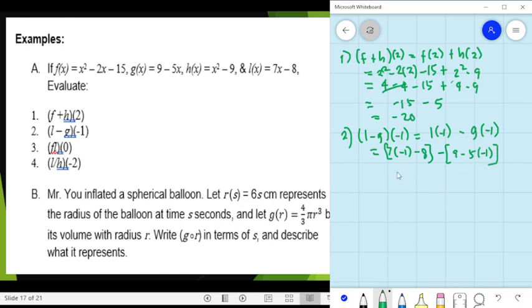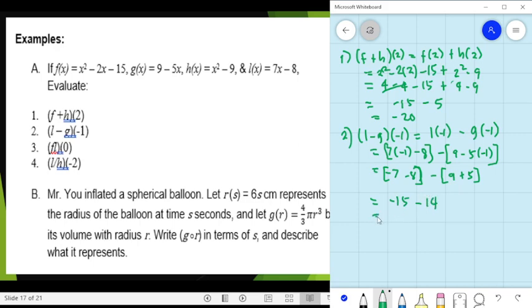Okay, so therefore, you can simplify 7 times negative 1 is negative 7 minus 8, minus 9 plus 5. So it should be negative 7 plus negative 8 is negative 15, minus 9 plus 5 is 14.